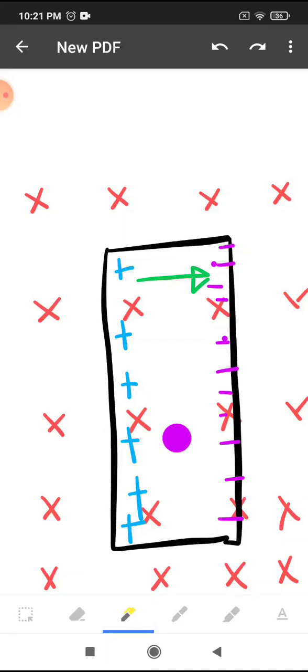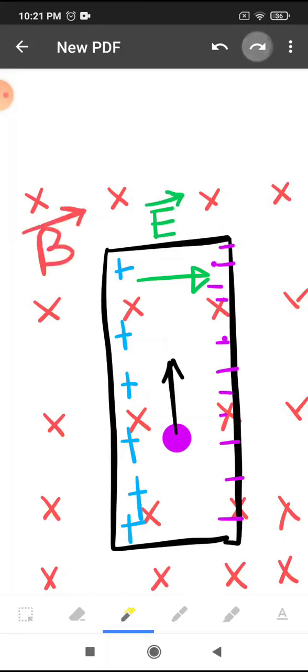This is the direction of electric field denoted by E, and we have our magnetic field B. The drift speed Vd is acting on the electron in the direction shown in the previous diagram, and we can say confidently that this electric field will exert a force on the electron in a direction opposite to the direction of the electric field.